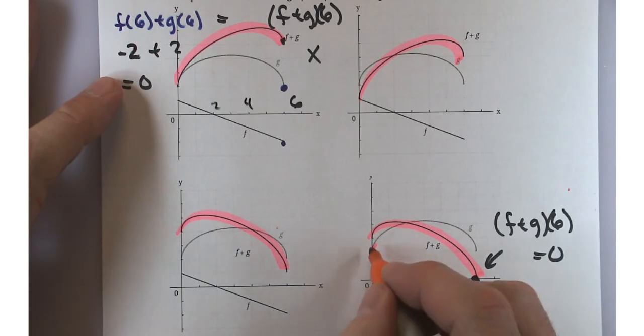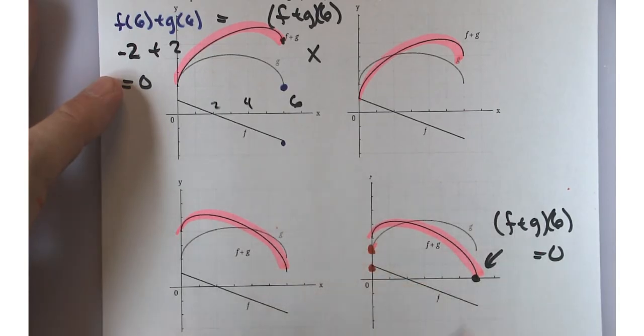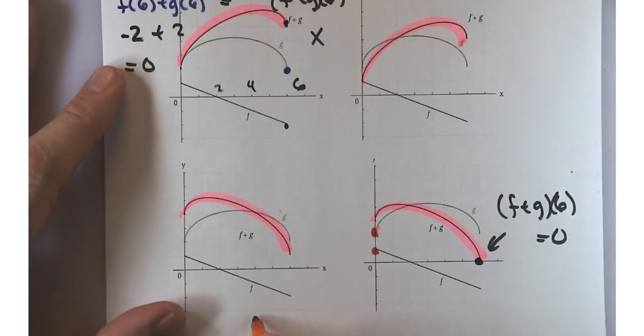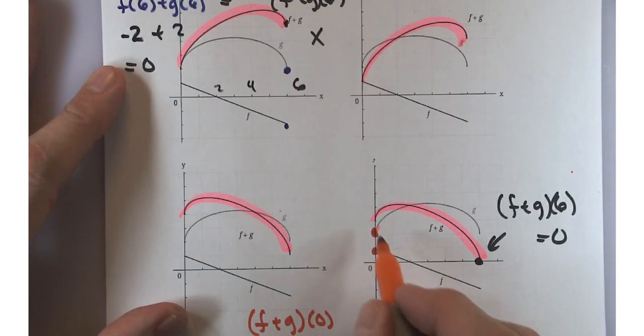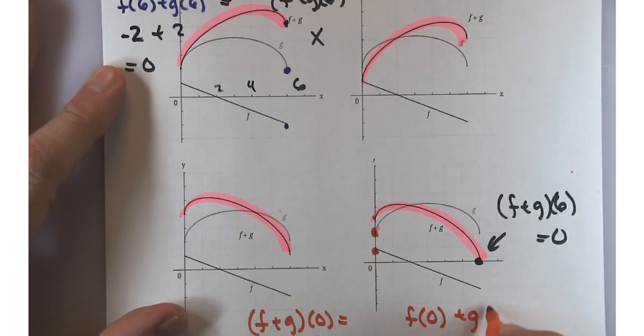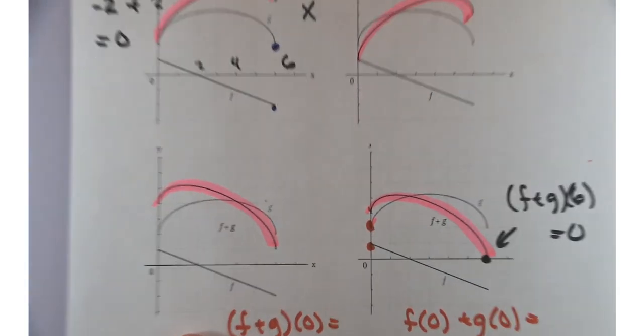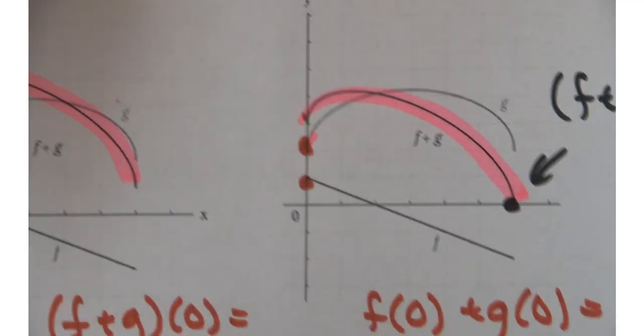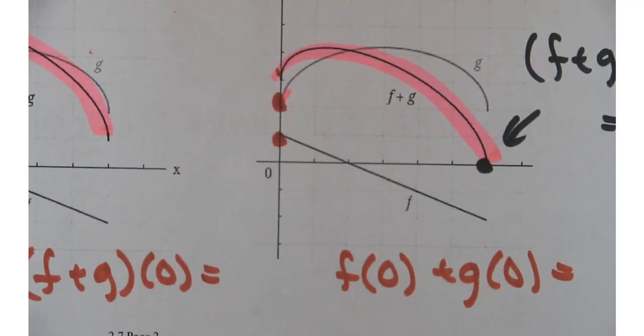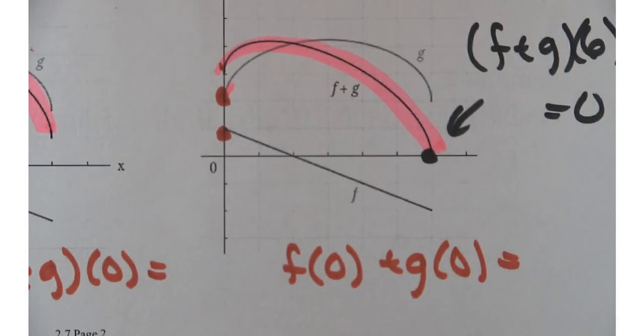So let's look at 0. So f plus g of 0. f plus g of 0 looks like that. But we could also calculate it as f of 0 plus g of 0. So let's zoom in a little bit, maybe make it a little easier to see. And try and calculate for yourself.